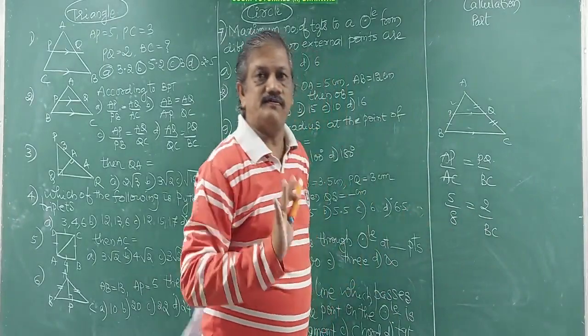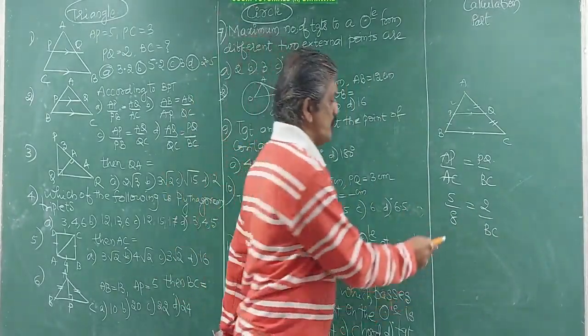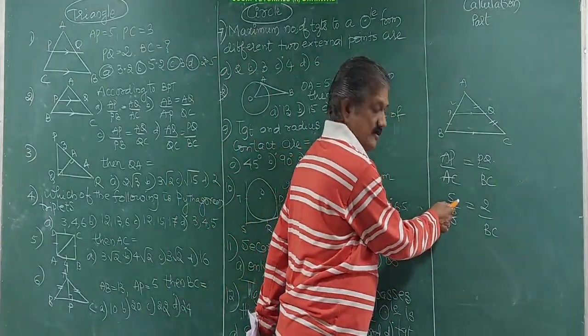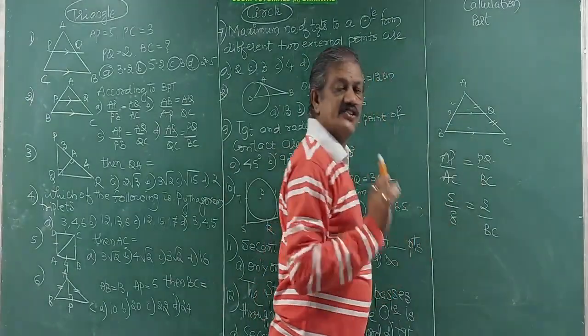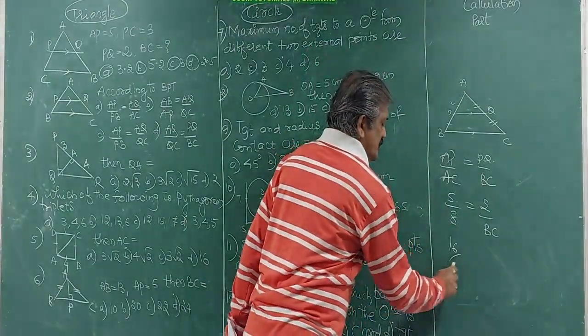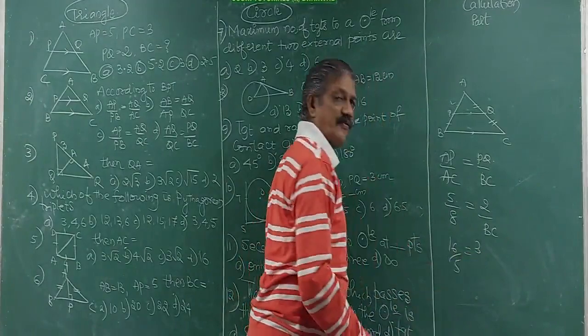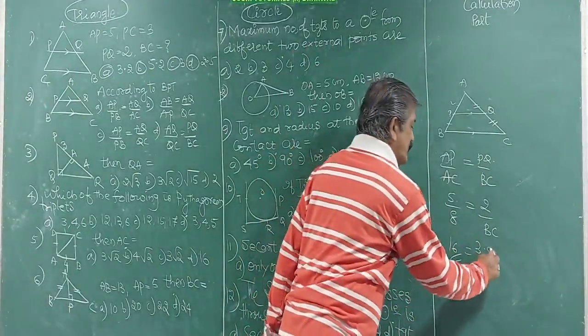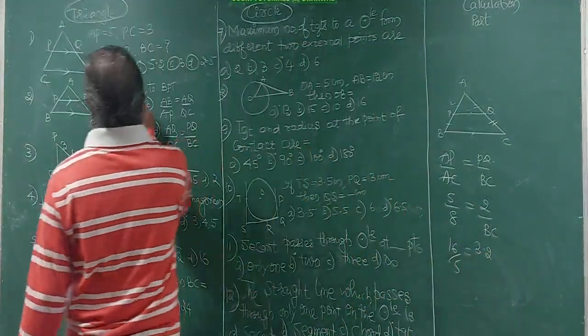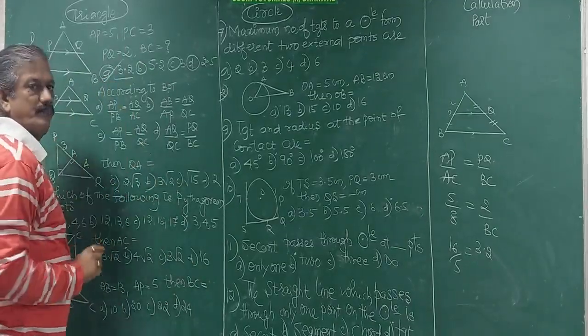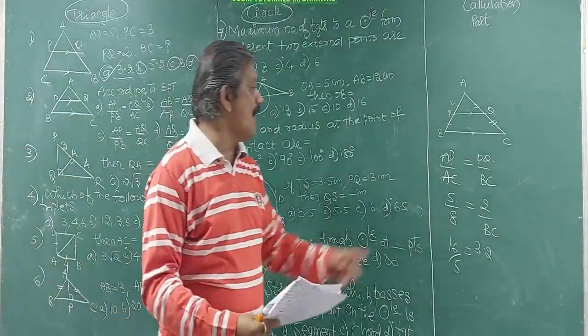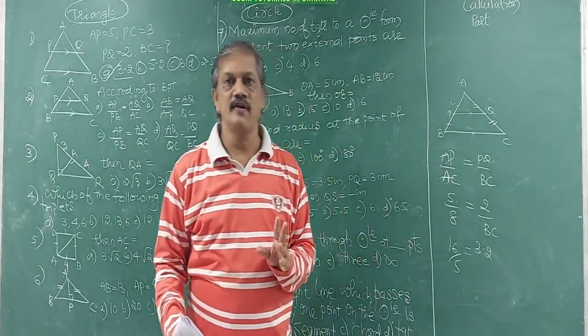Further don't solve. Orally you can do. BC goes here. A to the 16. 16 by 5. 16 by 5 means 5 3s are 15. 1 remains. I think 5 2s are 3.2. This is A. I have taken half a minute to solve.